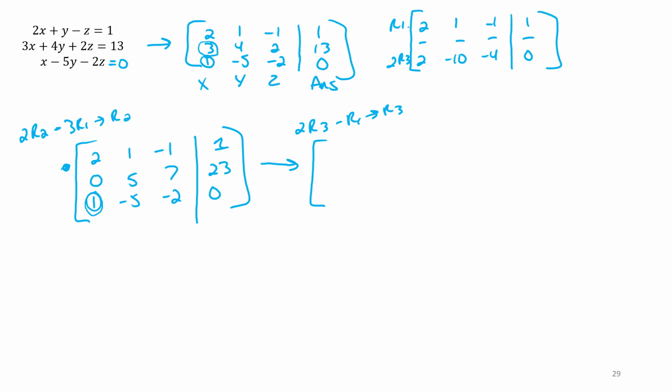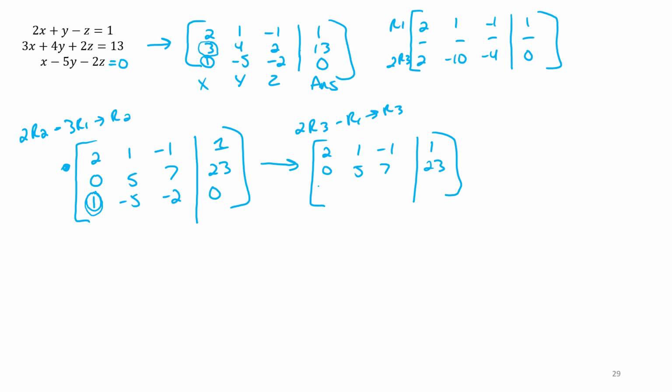So row 3 minus row 1. So we keep row 1 and row 2. So 2, 1, -1, 1, 0, 5, 7, and 23.